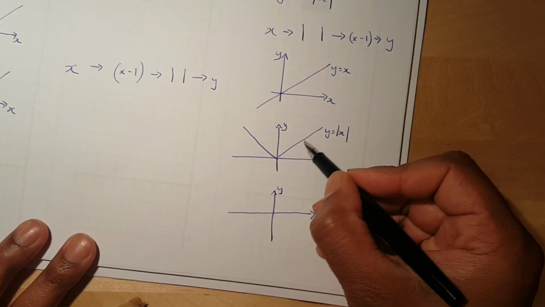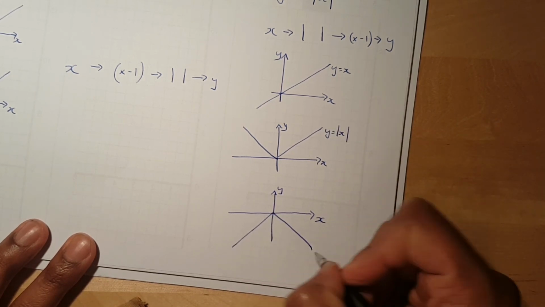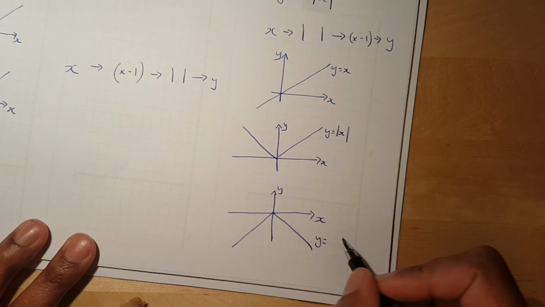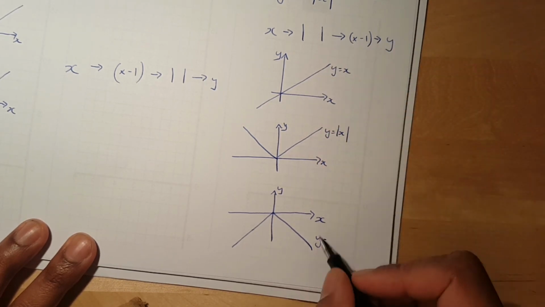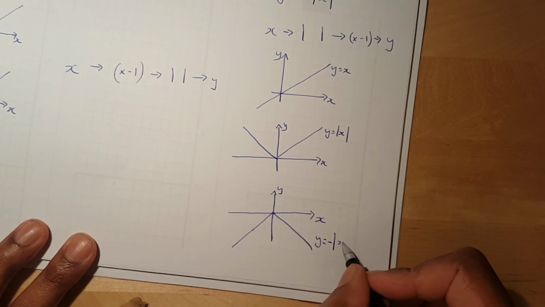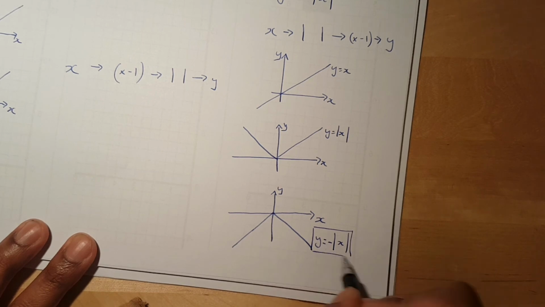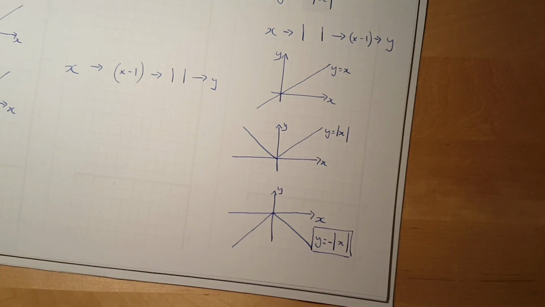So I take every y value and I make it negative, or make the negative positive. So what I have here is y equals the negative of the modulus of x. And that's how we sketch moduluses and negatives very carefully.